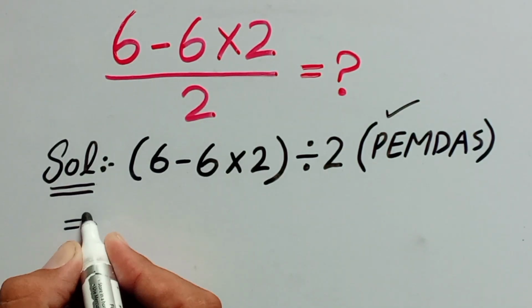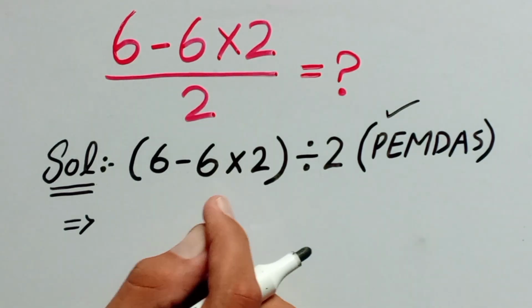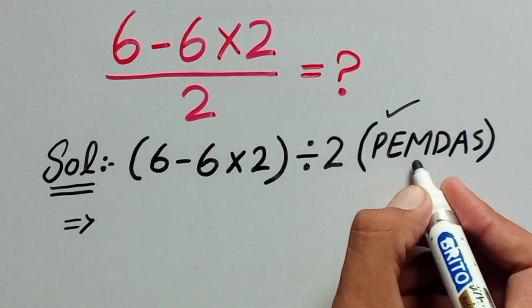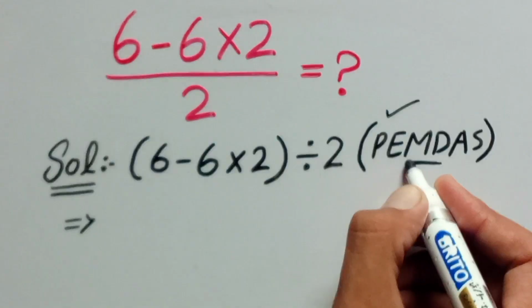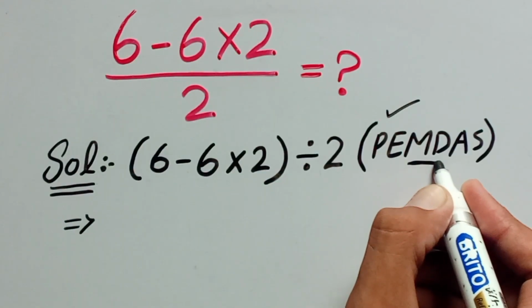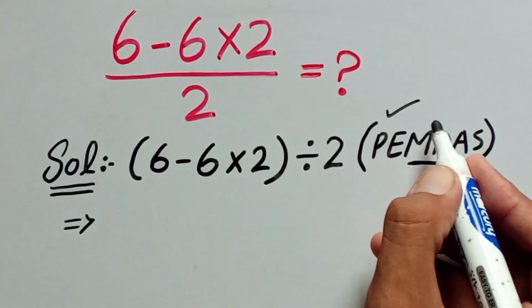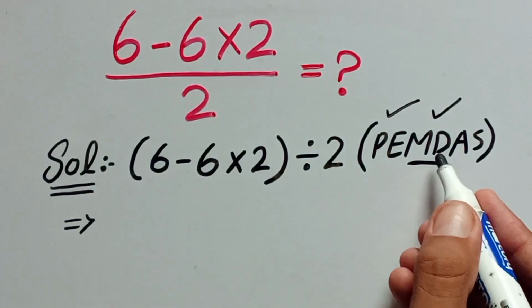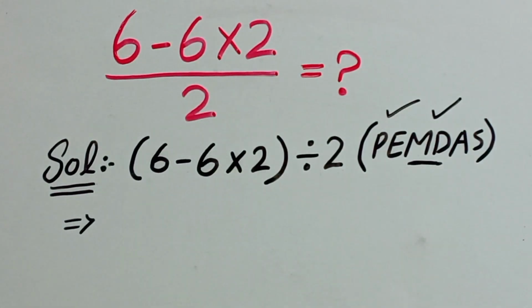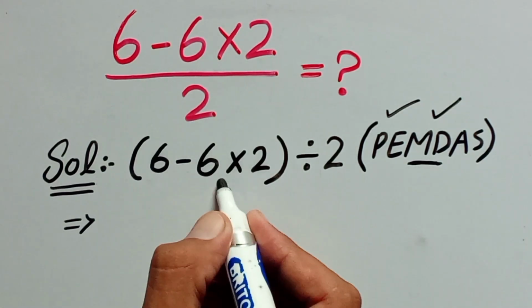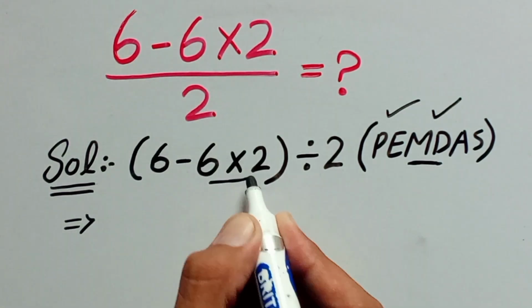So here in parentheses one multiplication and one subtraction is present. In PEMDAS, multiplication and division have equal priority, and we have to go from left to right. But remember guys, multiplication and division have higher priority than addition and subtraction. So here in parentheses firstly we solve multiplication.